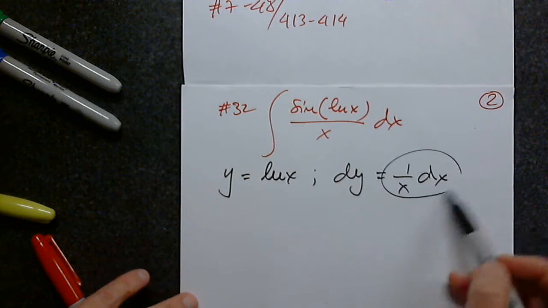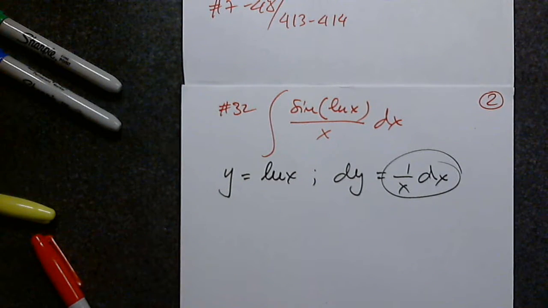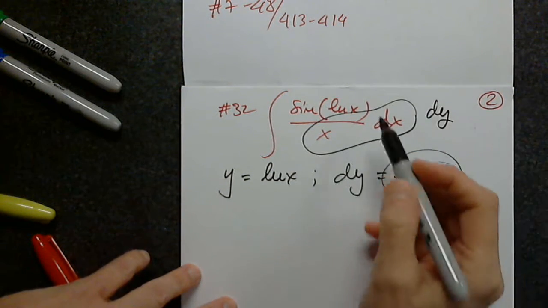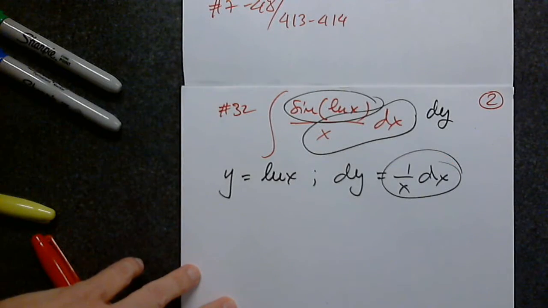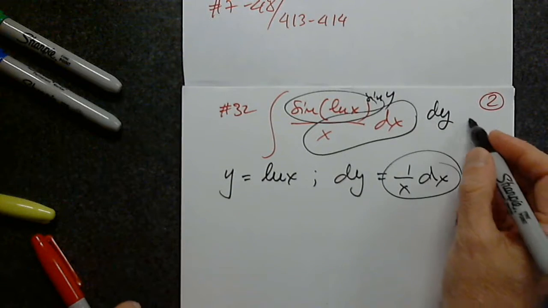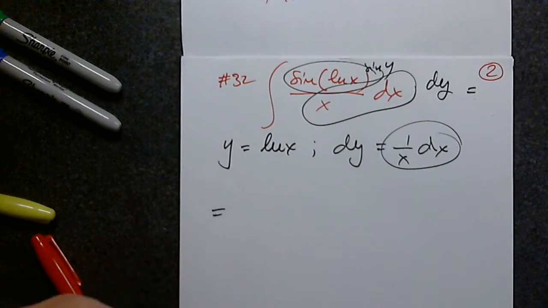Good. If this piece is already in the problem plus or minus some constants, I'm on the right track. So here it is, dy, and what is this? Sine y.